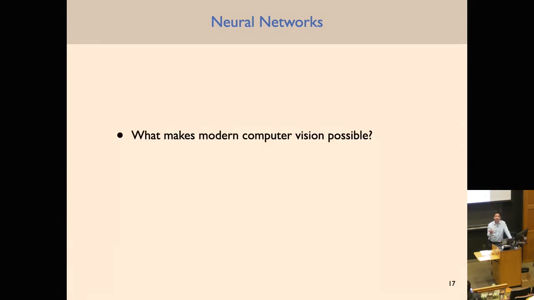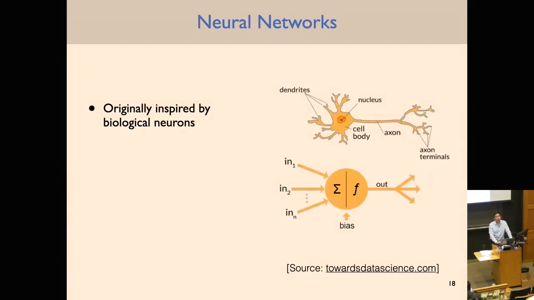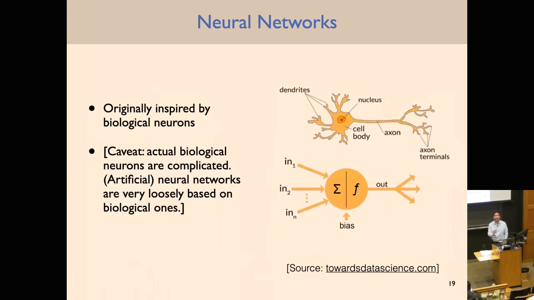The third major factor is neural networks, algorithms and architectures. So just a very quick intro to neural networks, or the history of neural networks. Originally they were inspired by biological neurons. This is a very, very loose inspiration, and I would suggest not taking it super seriously.